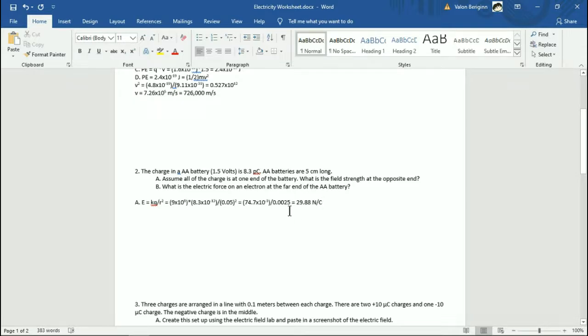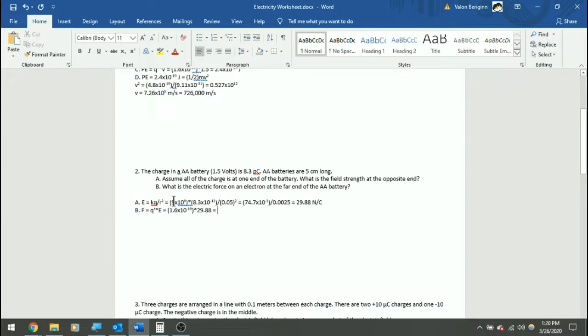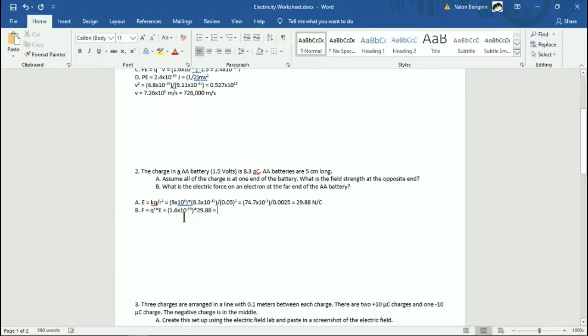What is the electric force on an electron at the far end of the battery? Well, the force is the charge times the field. And now we're saying it's the force on an electron, which means one electron, so the charge is going to be the charge of one electron, times the field strength. And again, I'm not doing the negative. The negative in this case is just saying that the direction is the opposite of what it needs to be, but there's nothing really asking about direction here, so we don't have to worry about it.